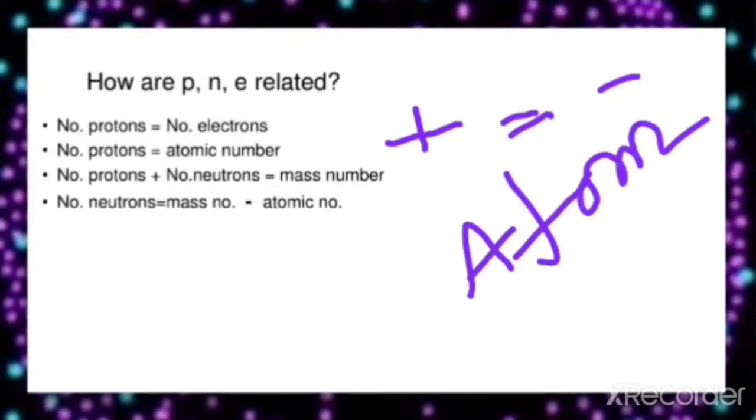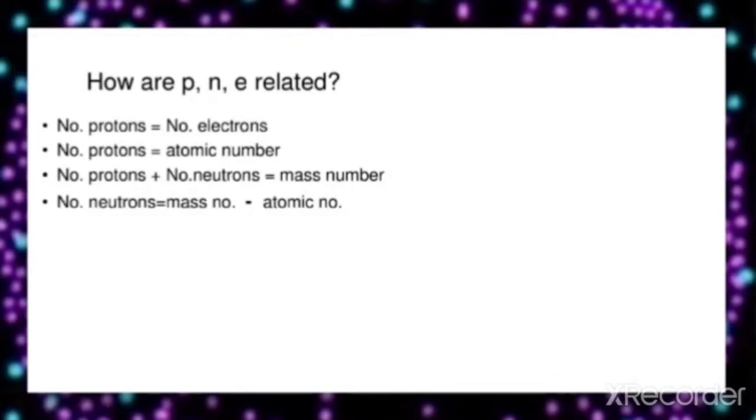Since the atom is electrically neutral, the number of positive charges is equal to the number of negative charges. That means the number of protons is equal to the number of electrons. Proton is positively charged, electron is negatively charged. Then we can say that the atom is electrically neutral because the number of protons is equal to the number of electrons.